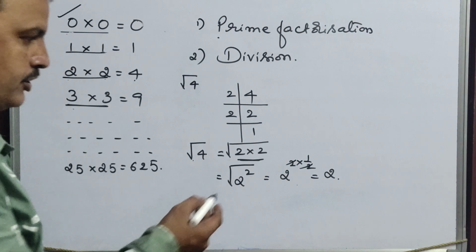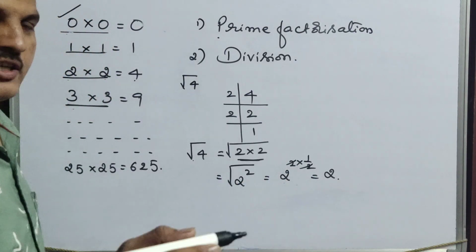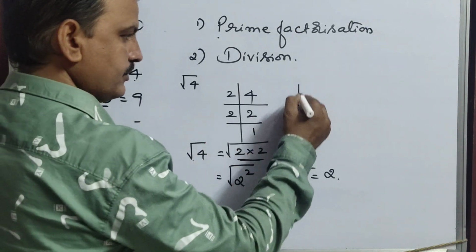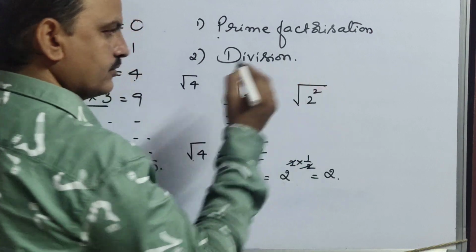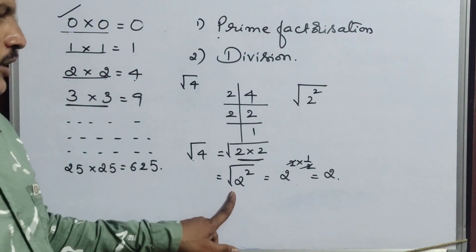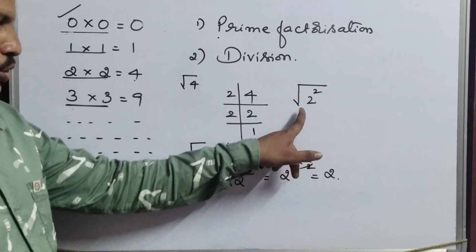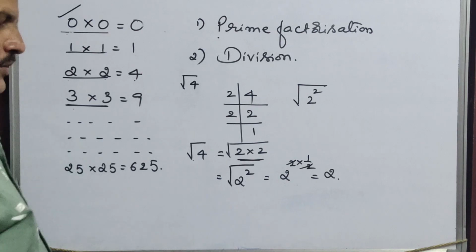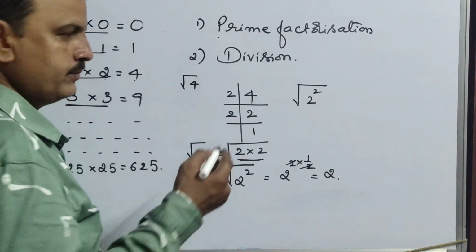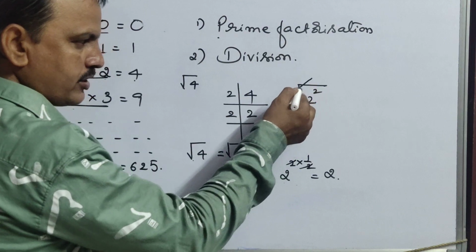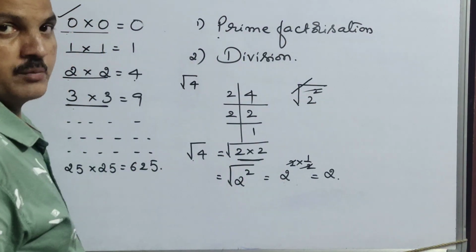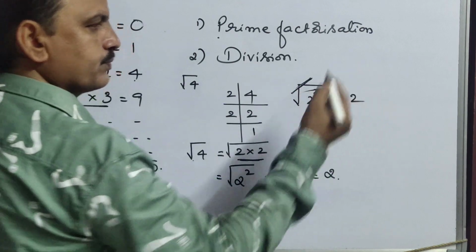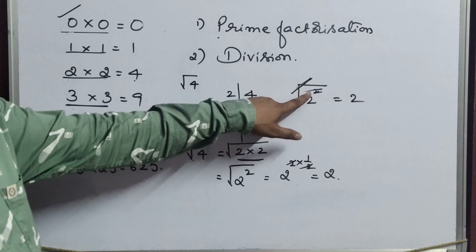Children, instead of doing it like this, we can do it directly also. Listen, from here you can do it directly. 2 square. You can get the answer 2 directly. Square can be written as power 1 by 2 and the 2s get cancelled. If you practice more, you can cancel the square root symbol and the square power directly. Why do these two get cancelled?